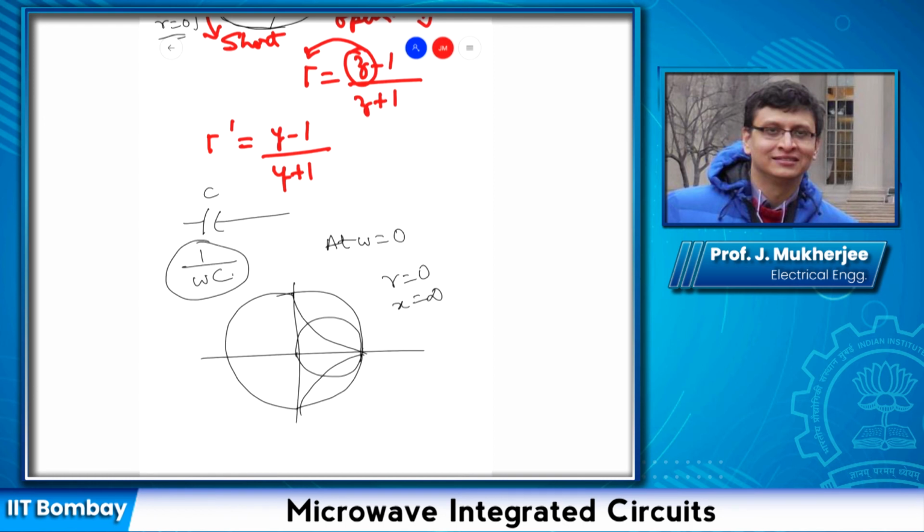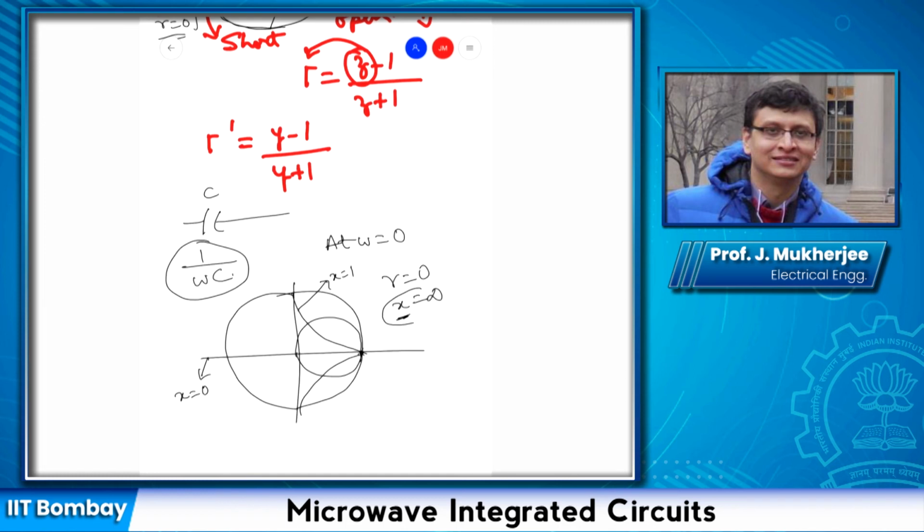So see, one thing we have to understand: this is our x equal to 0 constant reactance line. This is our x equal to 1 constant reactance line. As the reactance value keeps on increasing, all the circles keep touching this point, but their radius decreases.